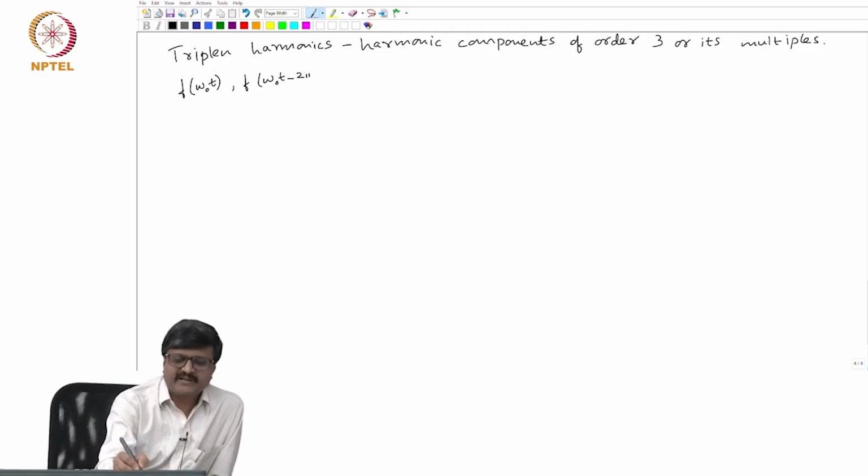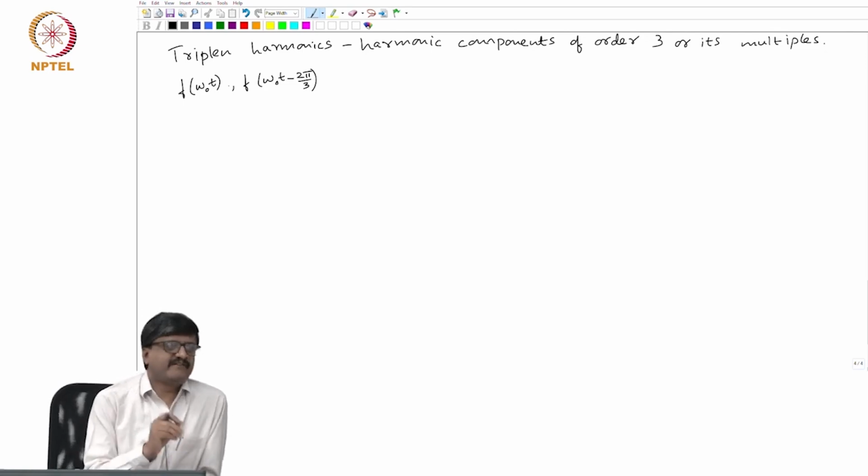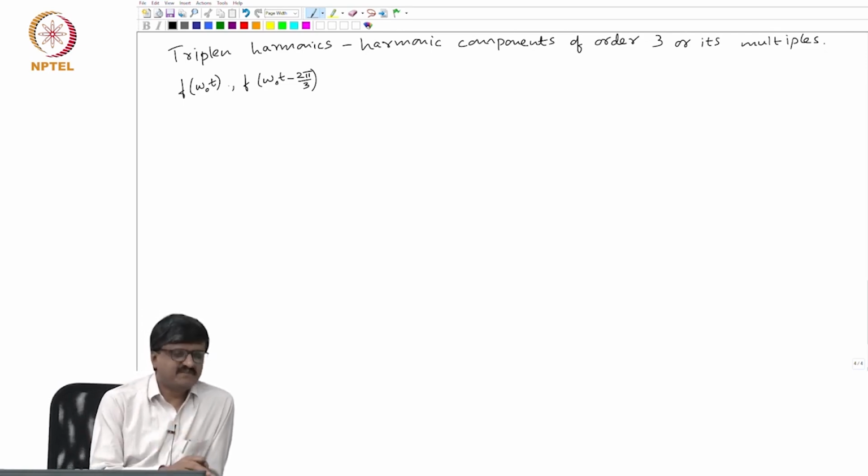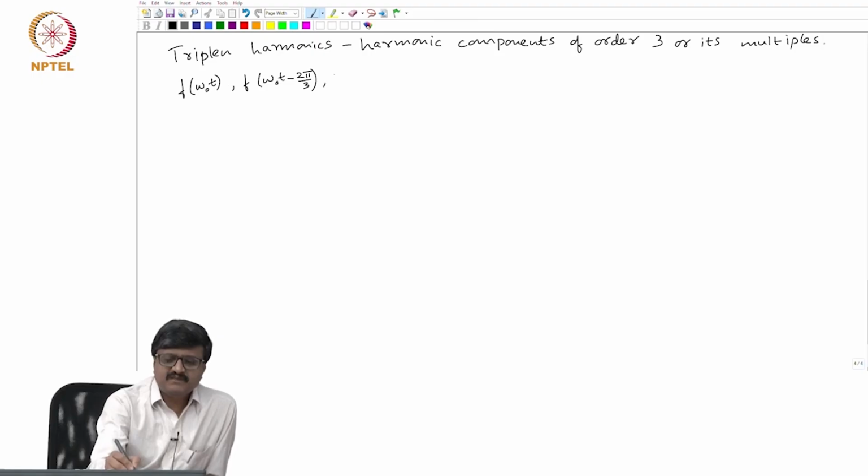Suppose I take f of omega o t as the current or voltage waveform in phase A, then the waveform in phase B is just f of omega o t shifted by 2 pi by 3, and in phase C it is f of omega o t with a further phase shift.